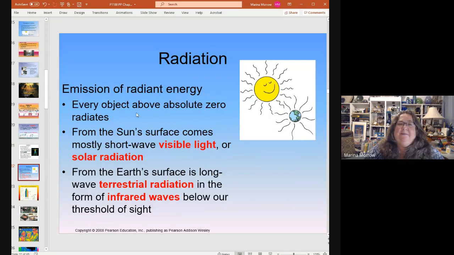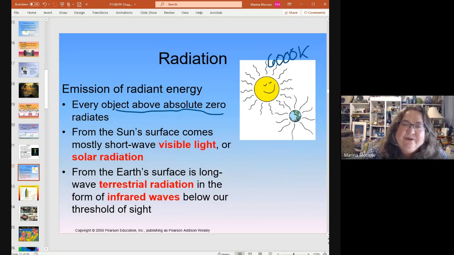As I said, every object above absolute zero radiates. The sun, at about 6,000 degrees Kelvin, radiates visible light, ultraviolet, and some other stuff too. That is a higher frequency than the infrared light, which is what most things on planet Earth produce.